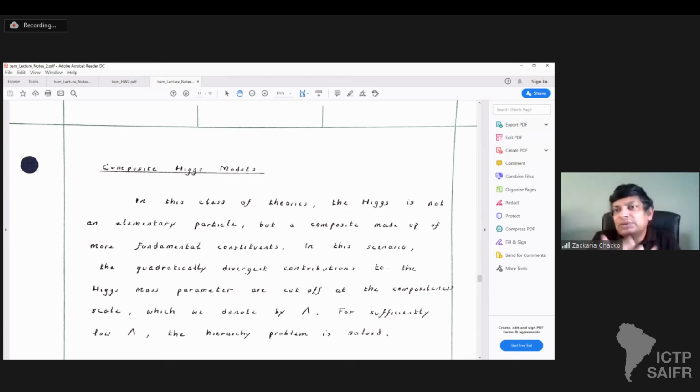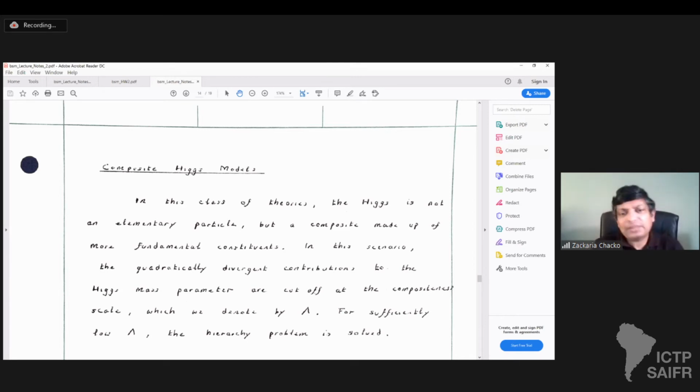So at high scales there's no Higgs, and so there's no sense in which it has a quadratically divergent mass. And so the quadratically divergent contributions to the Higgs mass are cut off at the compositeness scale lambda. If we can make lambda low enough, we have solved the hierarchy problem.